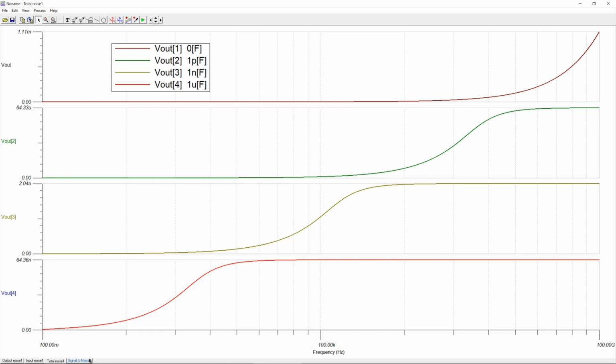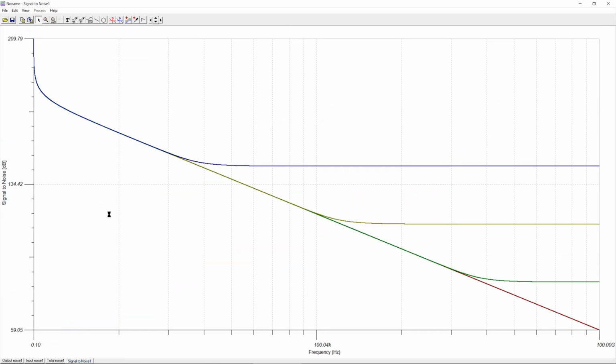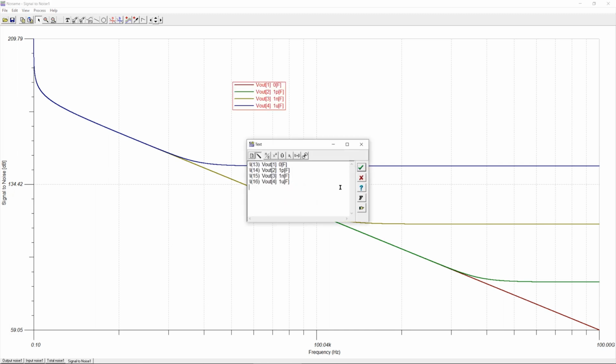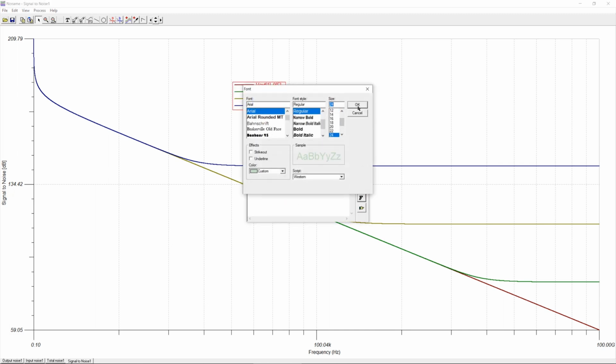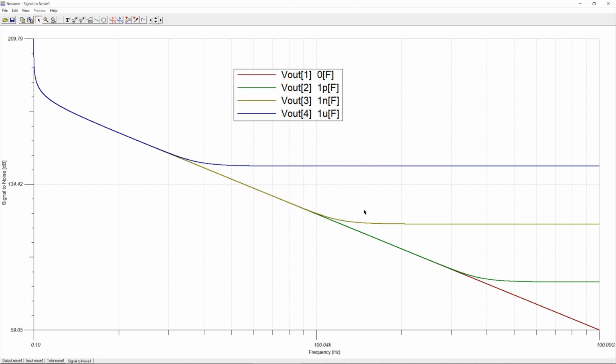Okay, now let's also look at the signal to noise ratio. This is the signal to noise ratio plot. I will place the label here and make it larger, a little bit more. This is the red line here, I highlighted again. For this one, where you don't have the capacitor, the signal to noise ratio will decrease as the frequency is increasing.